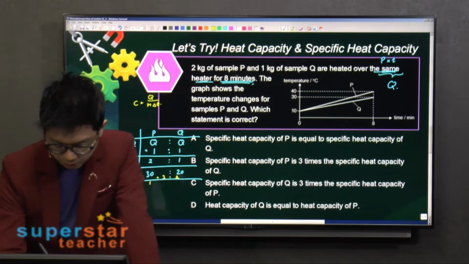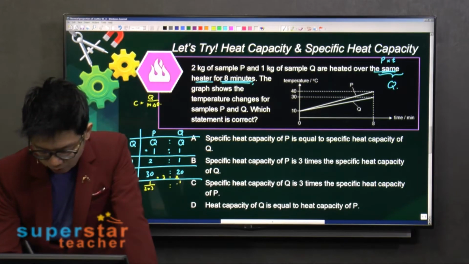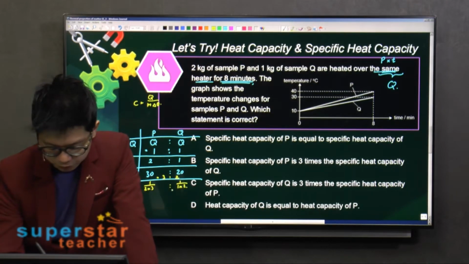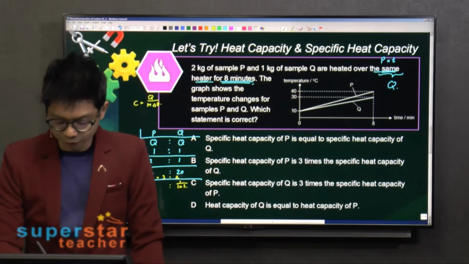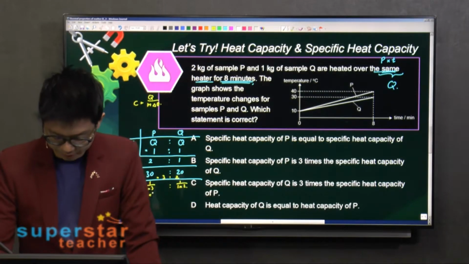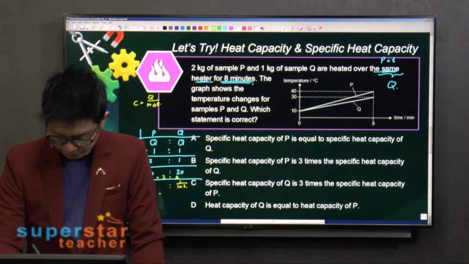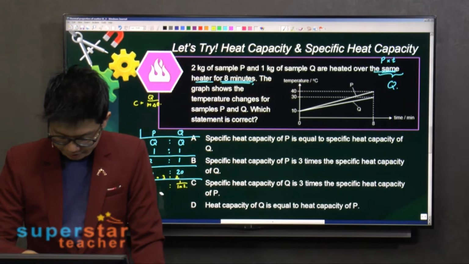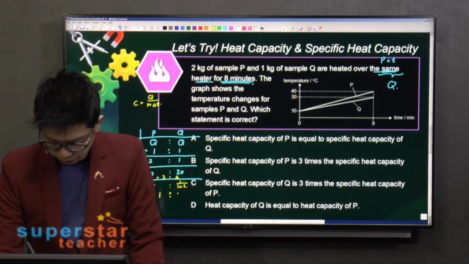So it's 1 over 2 times 3, and the other side is 1 over 1 times 2. So I have 1 over 6 is to 1 over 2. If you change it to the simplest form, you will get the ratio as 1 is to 3.